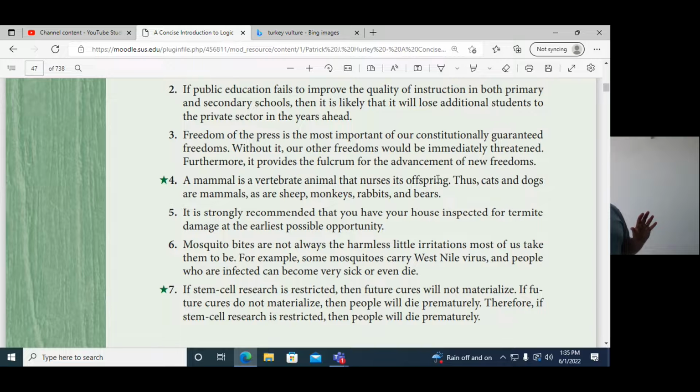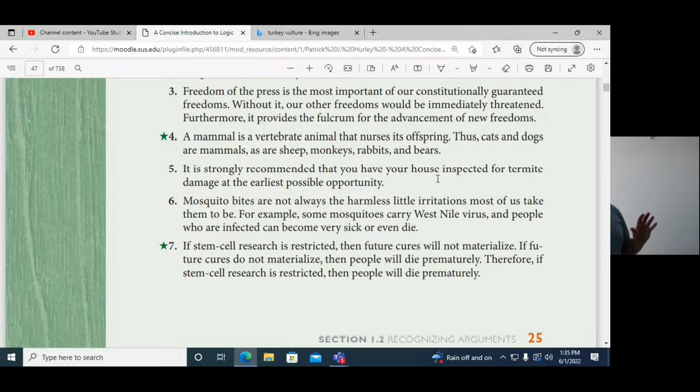All right. So number 5, it is strongly recommended that you have your house inspected for termite damage at the earliest possible opportunity. How many statements do we have here? One. That's right. Now, how many statements do you need for an argument?